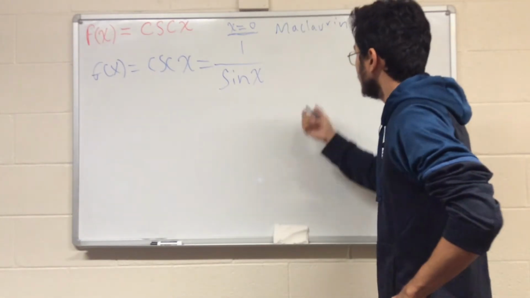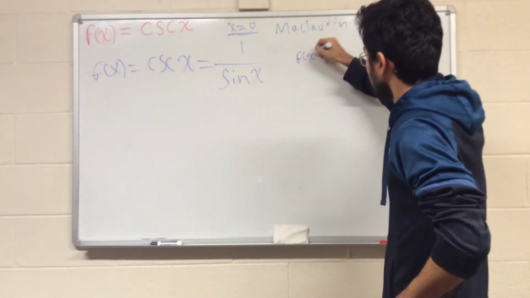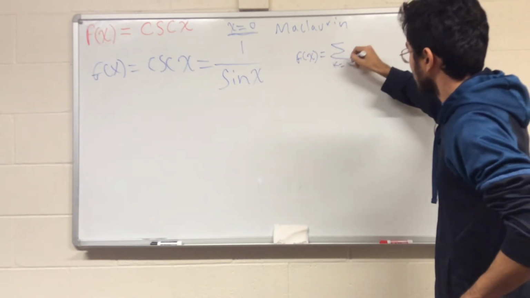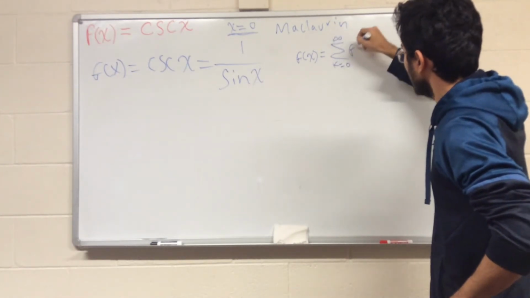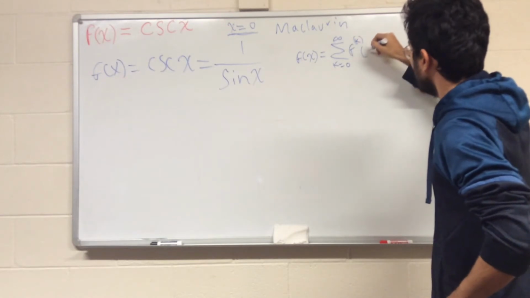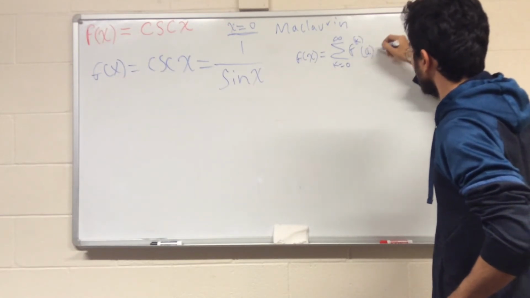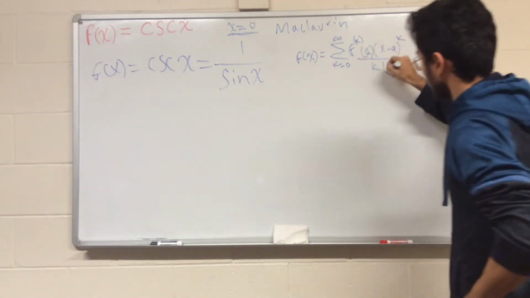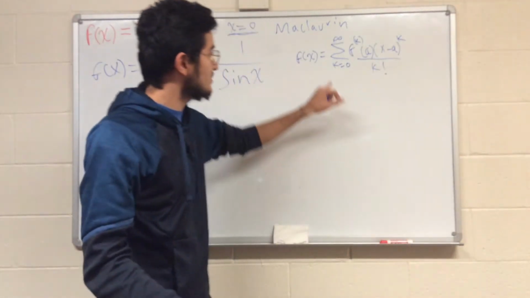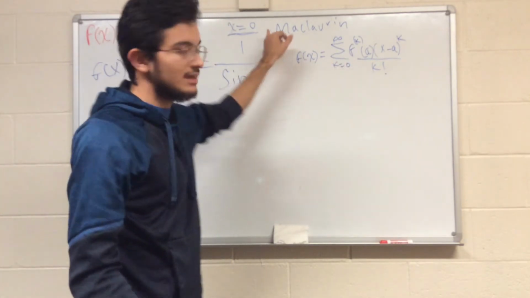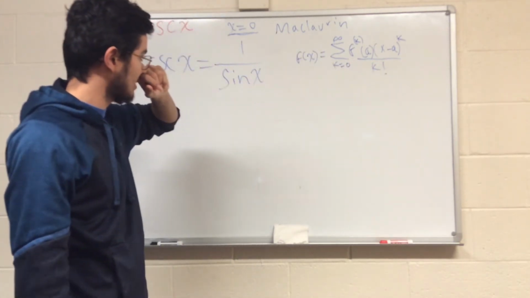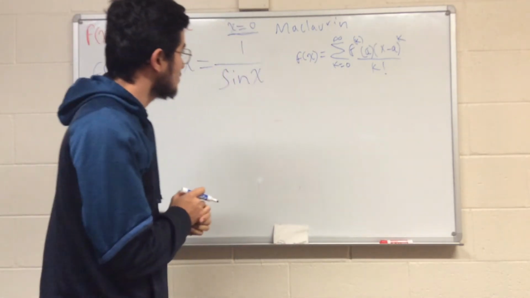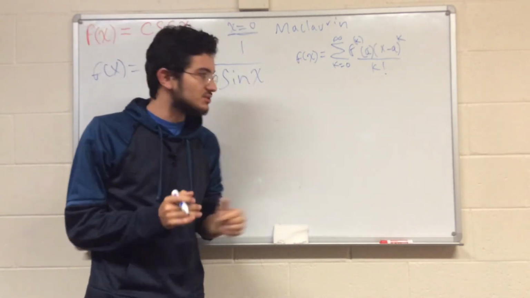The Taylor series is the sum from k equals 0 to infinity of the kth derivative around some value a, times x minus a to the kth, divided by k factorial. We cannot take derivatives for this when a is equal to 0. So we're going to use a very well-known series.